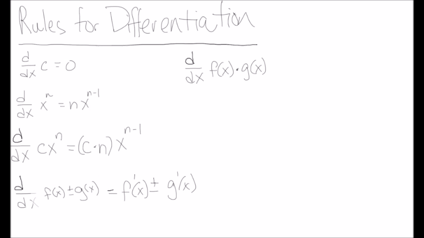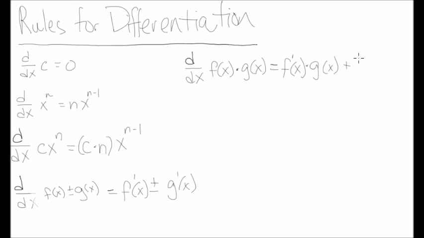Now, dealing with addition and subtraction is relatively straightforward. Unfortunately, dealing with multiplication and division is not. For multiplication, if you want to take the derivative of two functions multiplied together, you take the derivative of the first function and multiply it by the second function, not its derivative.